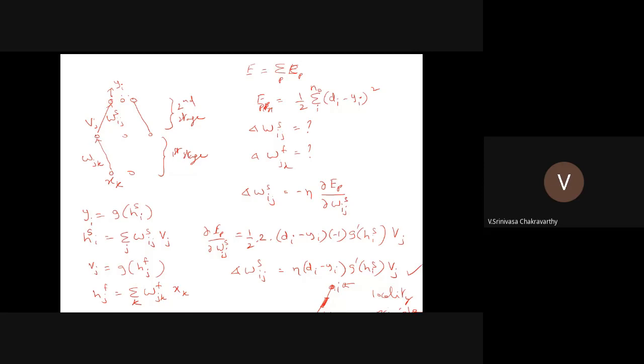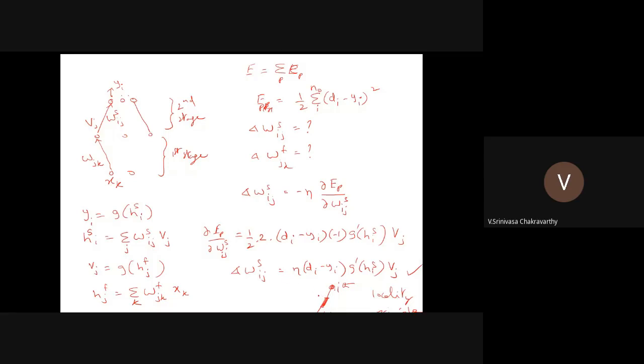So you have some error related information available at the output end and the state information at the input end, vj. If you take a product of these two, that gives you the update for Wij s. So information available at the output end times information available at the input end gives the update for this connection.